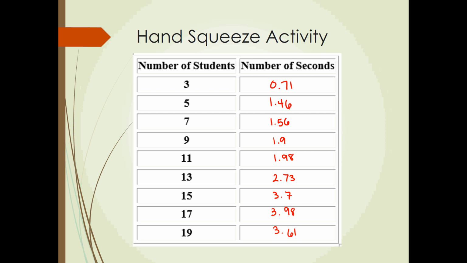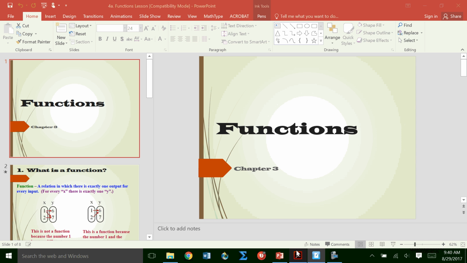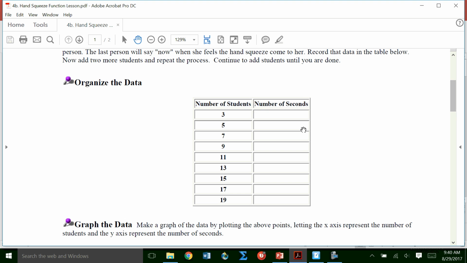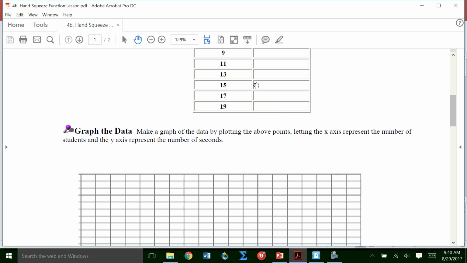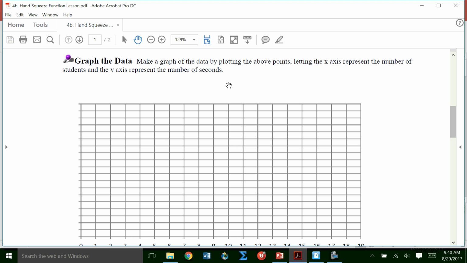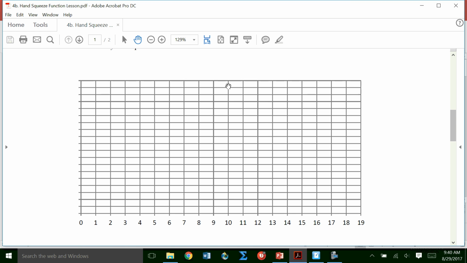Okay, so here's your data set for the hand squeeze activity. So if you need that, go ahead and copy that, pause, and copy that onto your hand squeeze paper. And you are now practicing, so you're filling it into this hand squeeze assignment and putting that data in, and using this document to now practice what we just learned about functions and reviewed about domain and range.